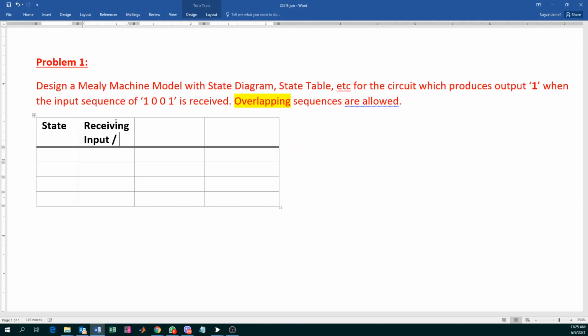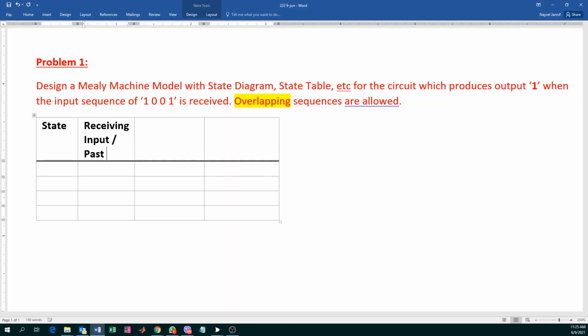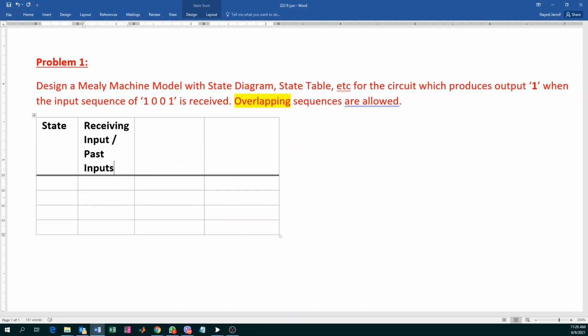The receiving input, or another name is past inputs. Receiving input or past inputs, those are two separate names, right?